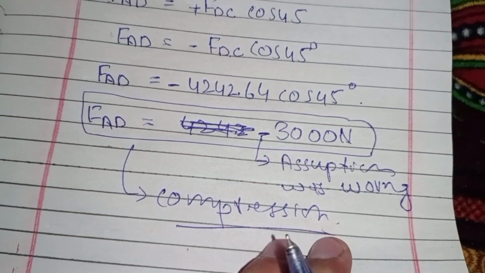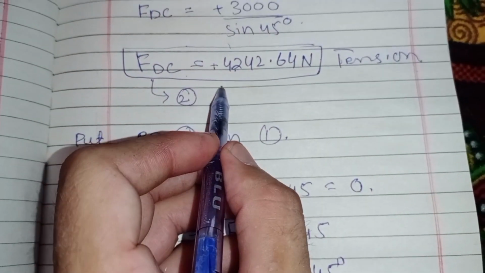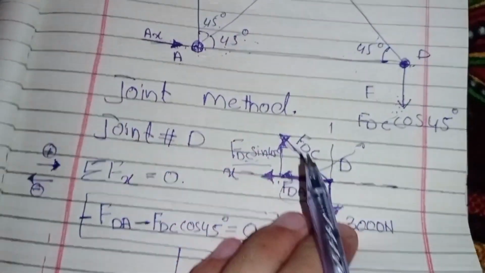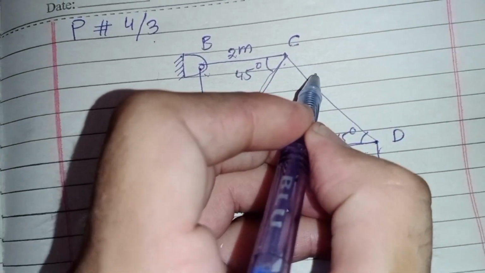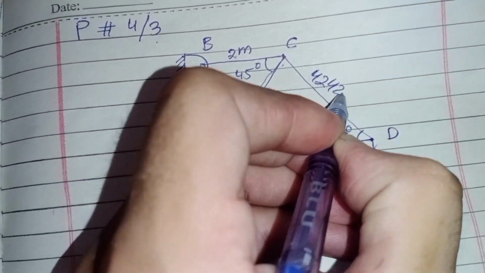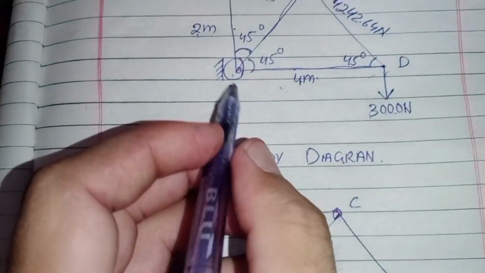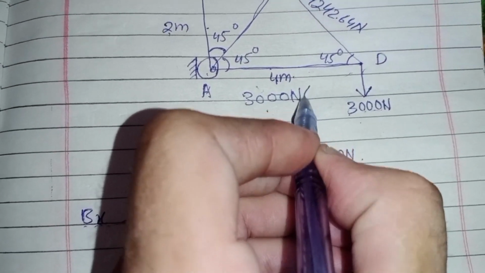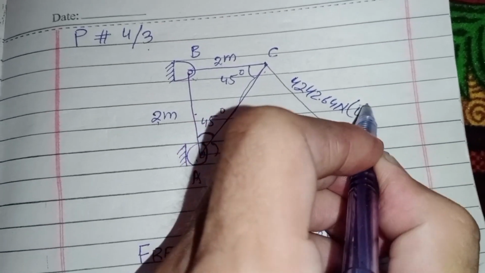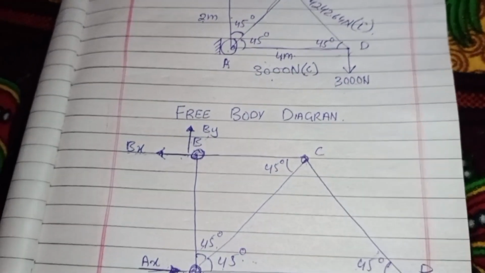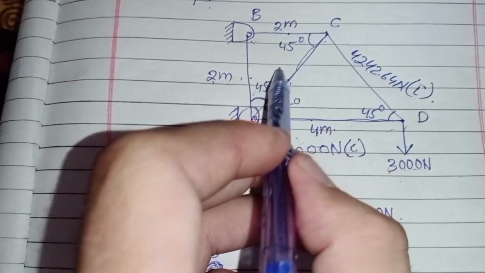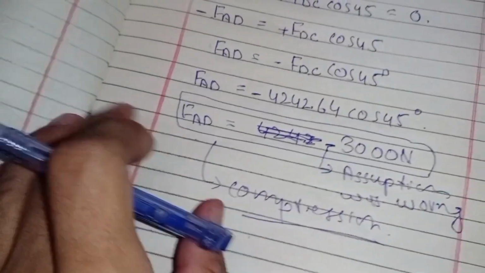So we get two answers, FDC and FAD. We get FDC 4242.64 Newton, and FAD 3000 Newton. FAD is in compression, and FDC is in tension. Okay, so we have to find the remaining forces in these three members.